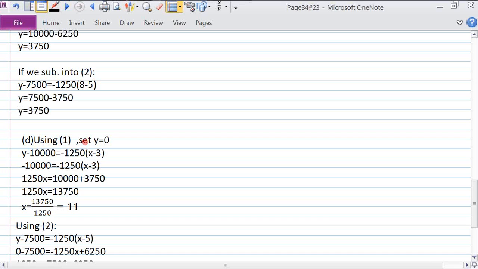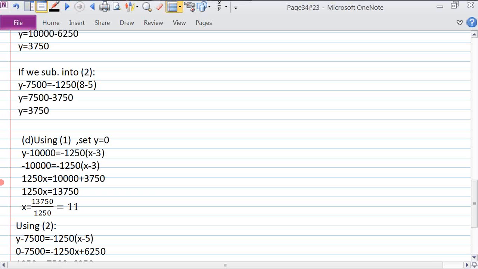So we use equation 1, we set y to 0, we get y minus 10,000, there's the original equation, and we set the y to 0, so we've got minus 10,000 equals minus 1250 times x minus 3, and our unknown here is x, so we're going to solve for x.